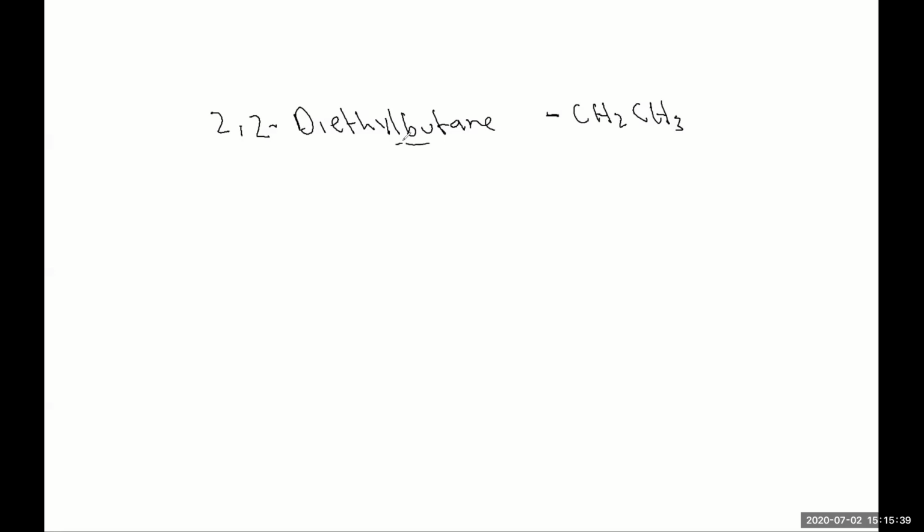Butane is the parent hydrocarbon, so butane contains four carbons. So 2,2-diethyl would be, this is 1, this is 2, so two ethyl groups bonded to carbon number 2, like this.